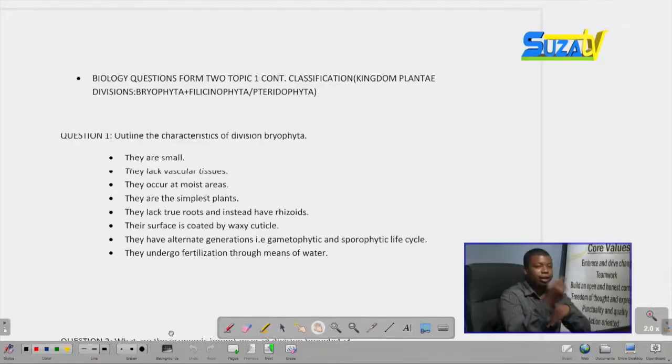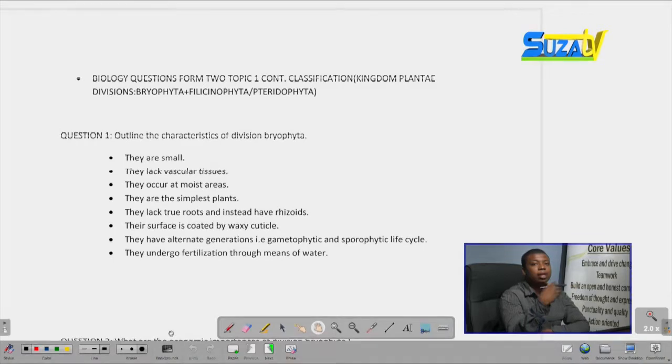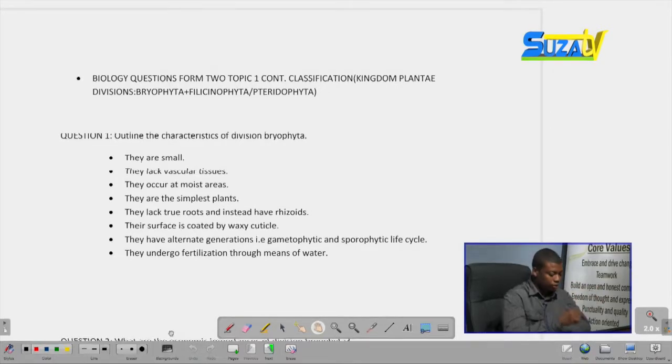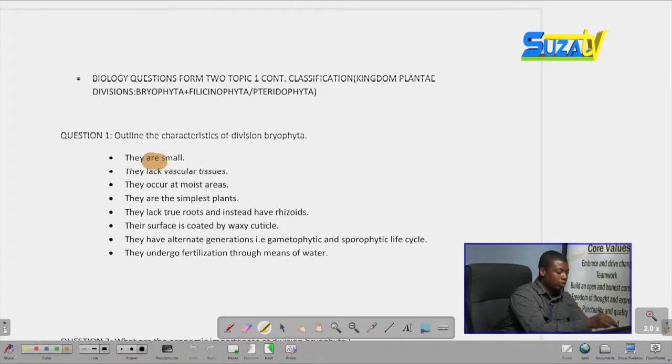So in division Bryophyta, there are many characteristics which make a plant known as a member of division Bryophyta. Beginning with the characteristics, the first characteristic is that they are small.